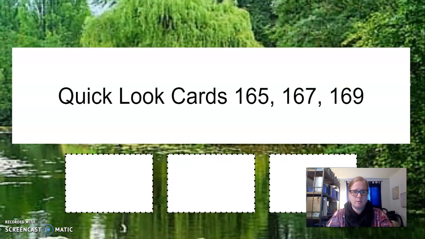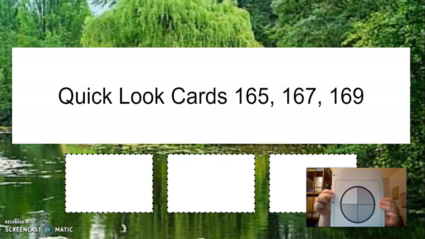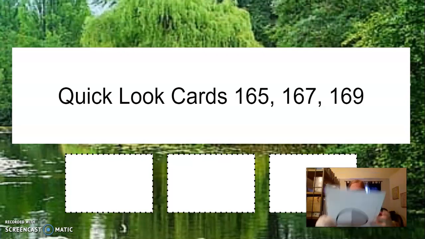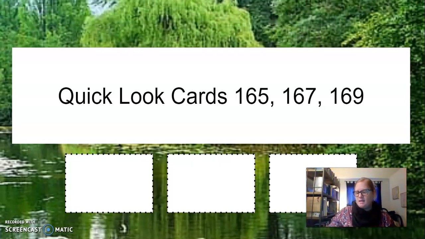So first we have quick look cards. After every time I show you, pause, fill out the slide. You ready? Okay. 5, 4, 3, 2, 1. All right, go ahead and pause and complete the first box of the slide.